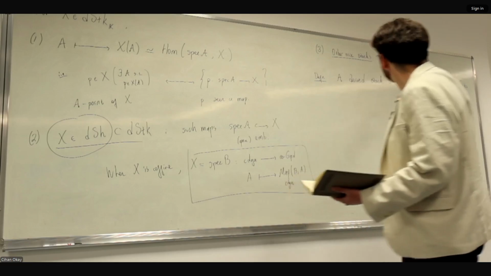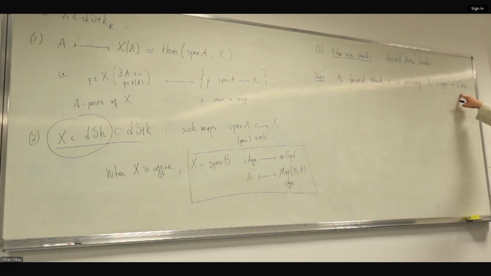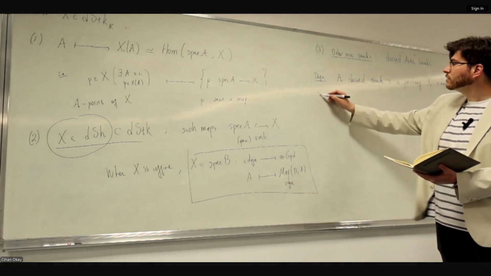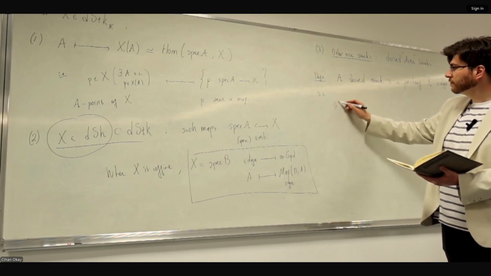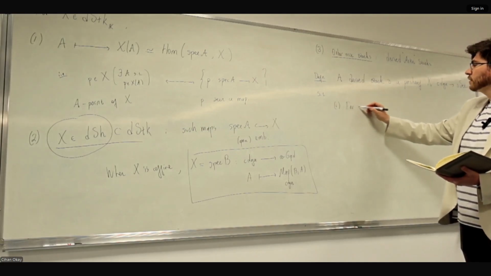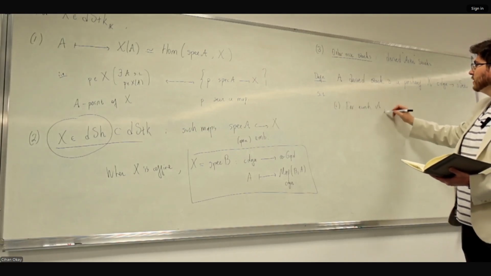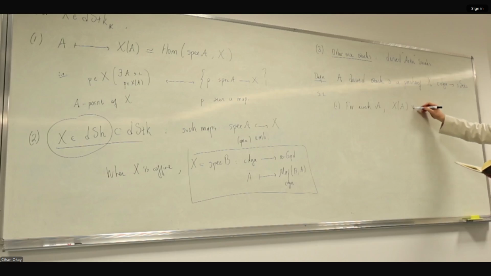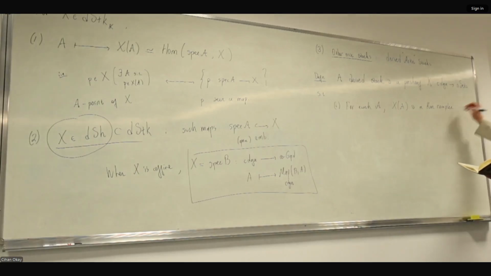But also you can use simplicial sets. Remember, an infinity category can be seen as a weak Kan complex. So therefore, with this perspective, you can also give the definition like this. Let's say such that, here is the first condition: for each A, X(A) is a Kan complex.